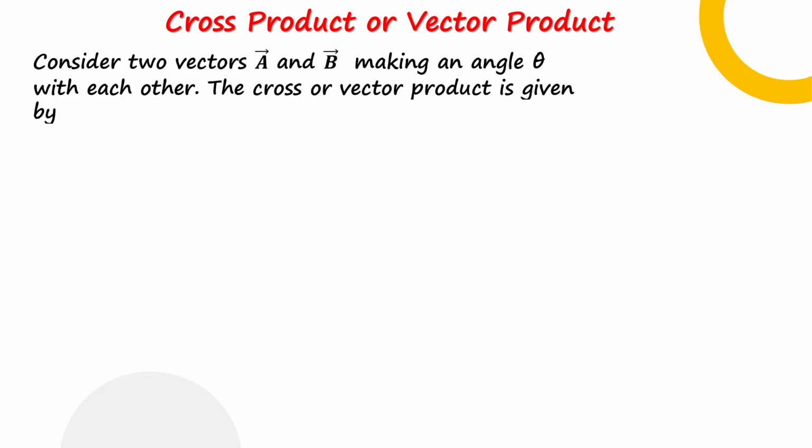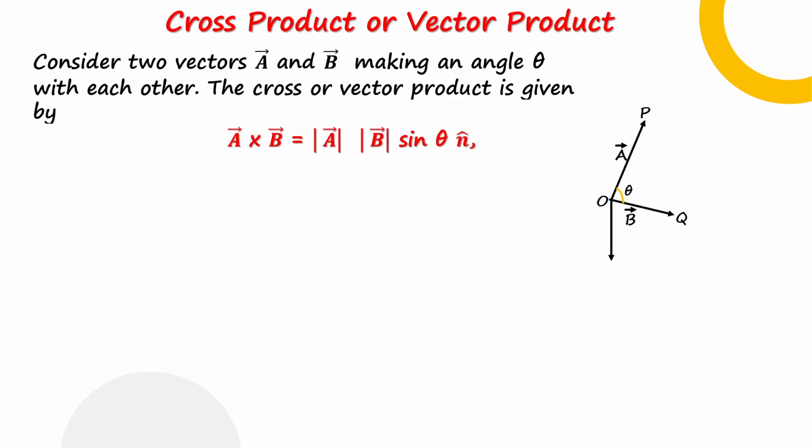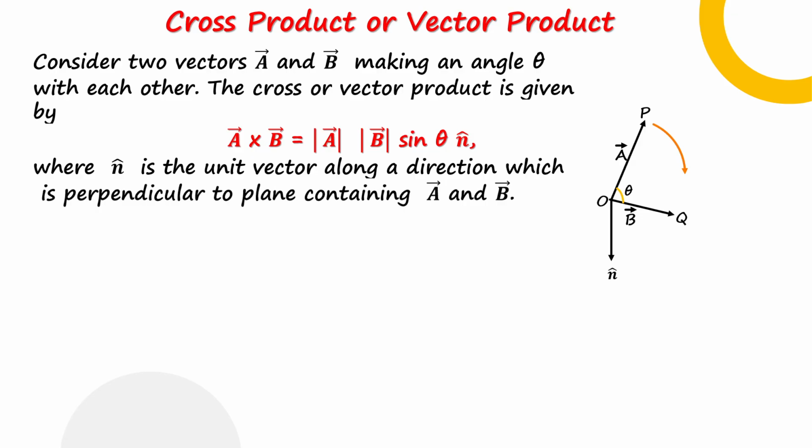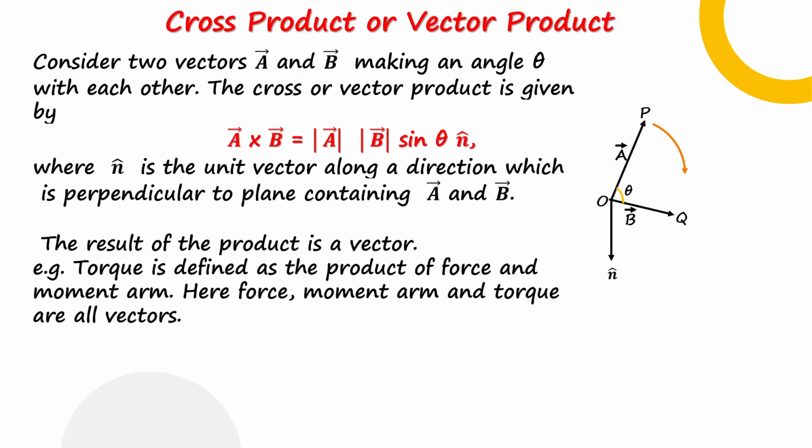The cross or vector product is given by vector A cross vector B equal to AB sine theta n cap, where n cap is the unit vector along a direction which is perpendicular to the plane containing A and B. The result of the vector product is a vector.